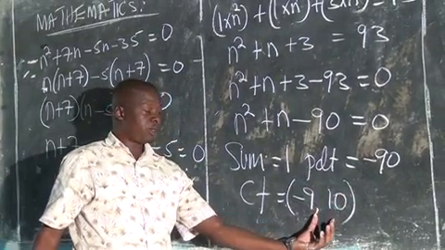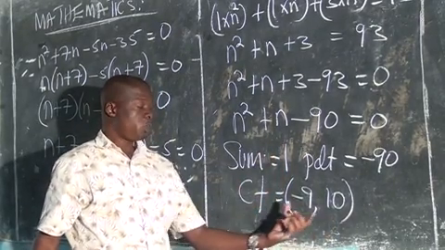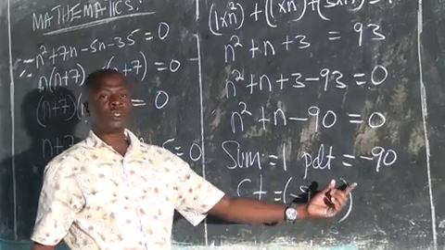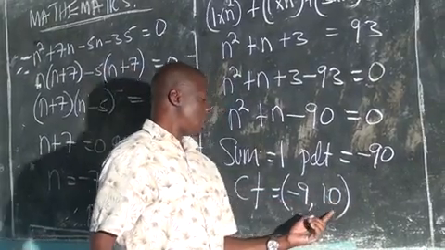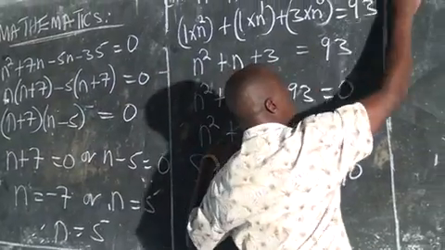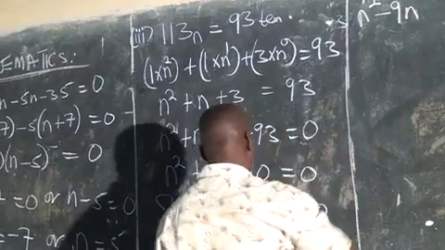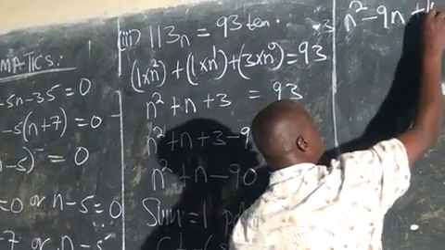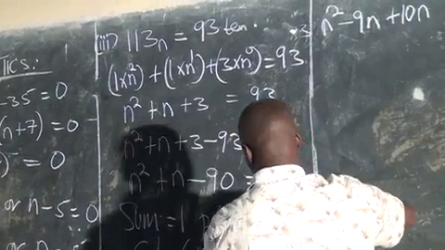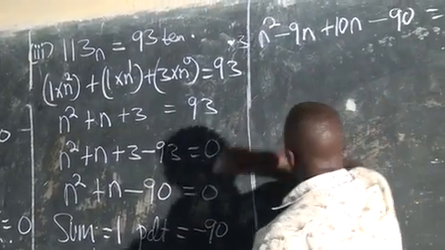When you add these two, they give 1. When you multiply, it gives negative 90. So this one qualifies. We say n squared minus 9n plus 10n minus 90 is 0.